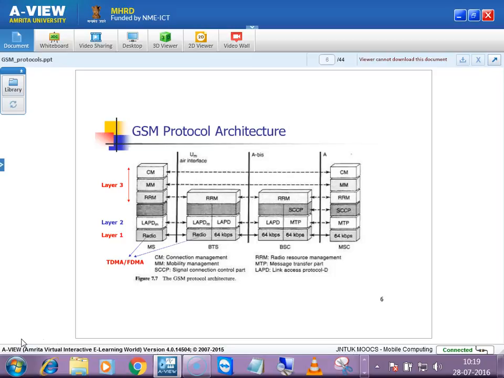So are you listening, or what can I take? Is everything going in, or are you not listening at all? Or did you know this concept earlier itself? What can I think? Why is there no radio link or radio layer in the BSC?